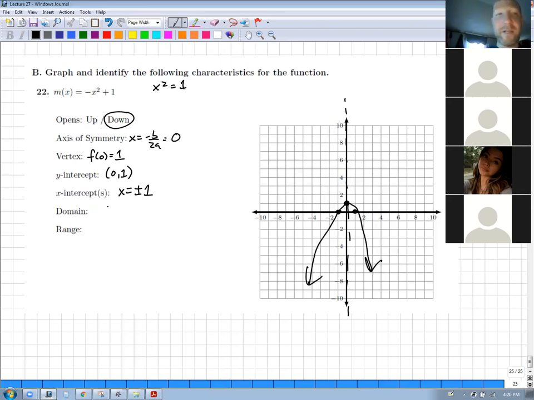Okay. The domain, all real numbers, it goes forever right and left. The range, it goes all the way down to negative infinity, but it makes it up to positive 1 with a square bracket because it includes 1 here. Okay.